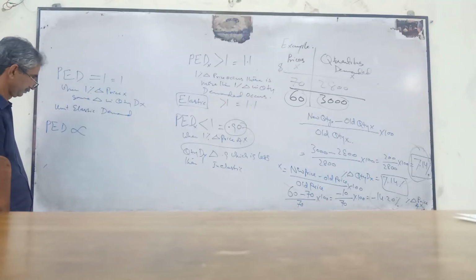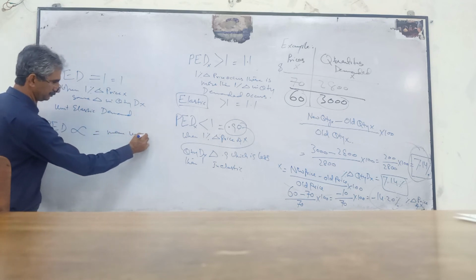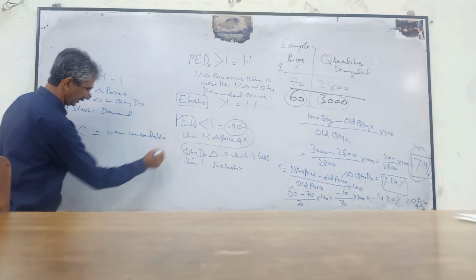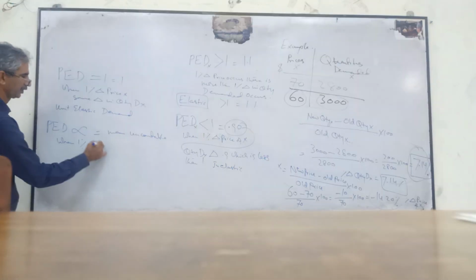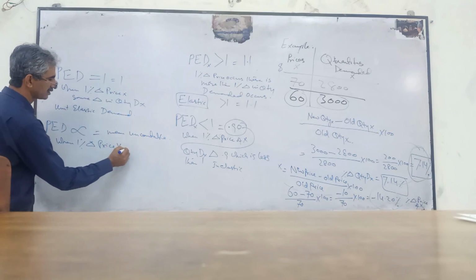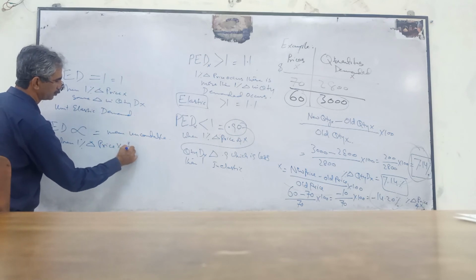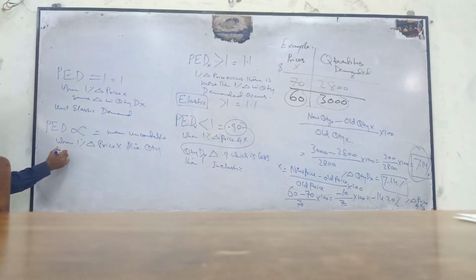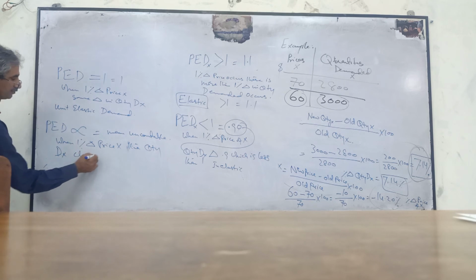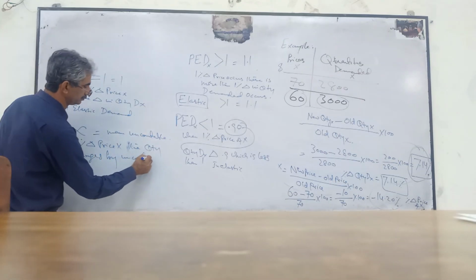If your price elasticity of demand answer is infinite, meaning uncountable, it means when there is a 1% change in the price of X, the quantity demanded of X changes by an uncountable number.